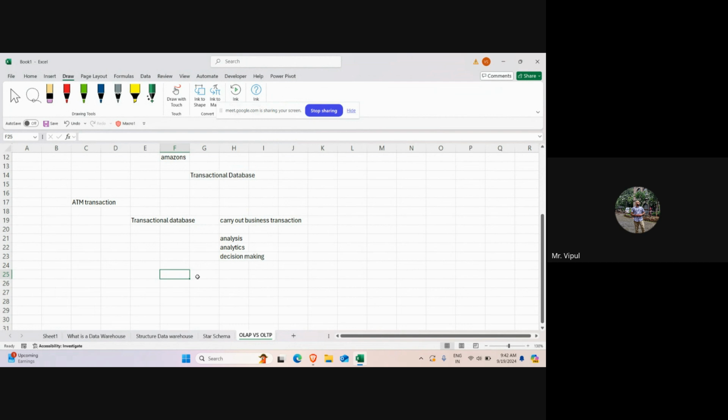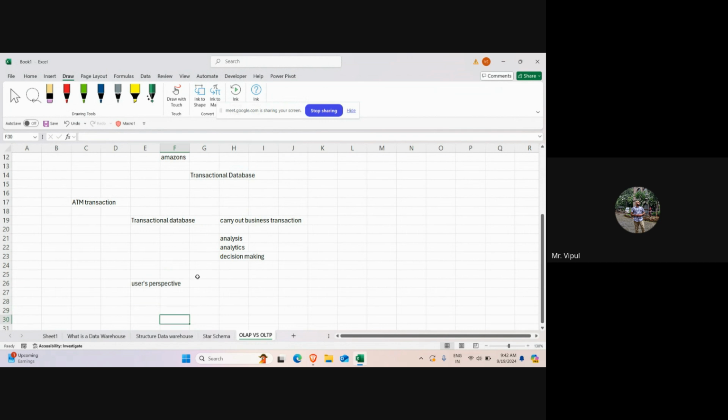So we can distinguish both of them from multiple dimensions. Let us try to distinguish from the user's perspective. Who are the different types of users who use the transactional database and the data warehouse database? The transactional database is used by end users like you and me who want to carry out some business transaction online.